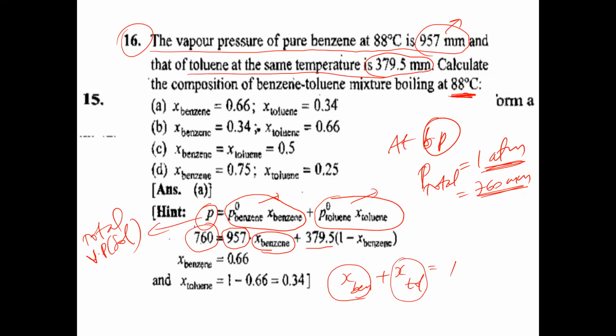Solving in terms of x benzene, x benzene is equal to 0.66. Then x toluene is 1 minus 0.66, that is 0.34. So the mole fraction of benzene is 0.66 and the mole fraction of toluene is 0.34.